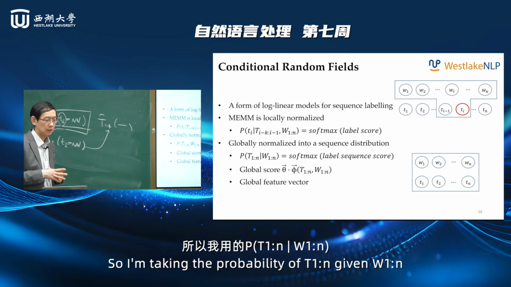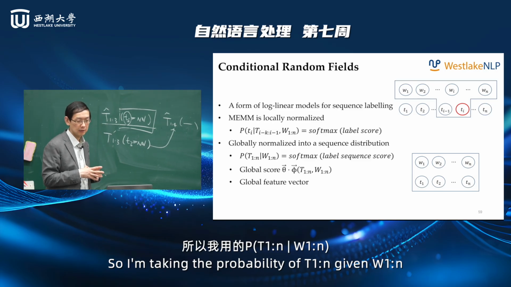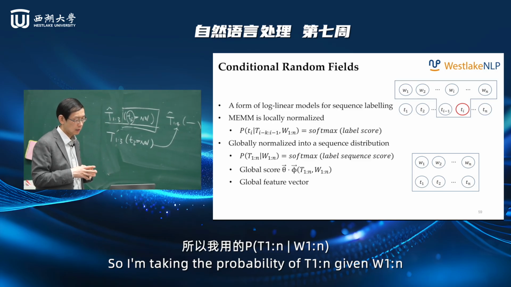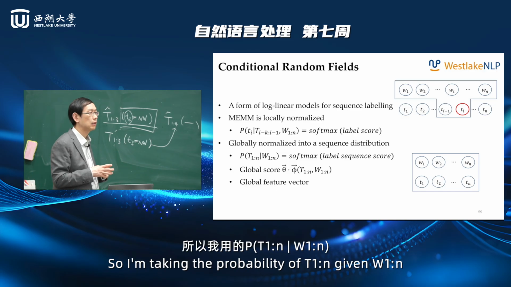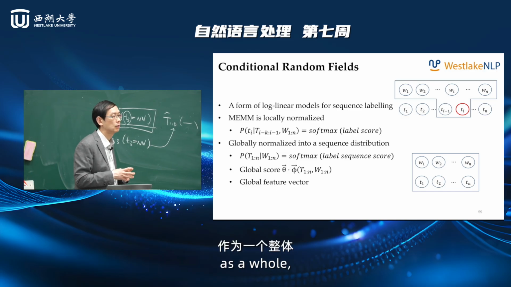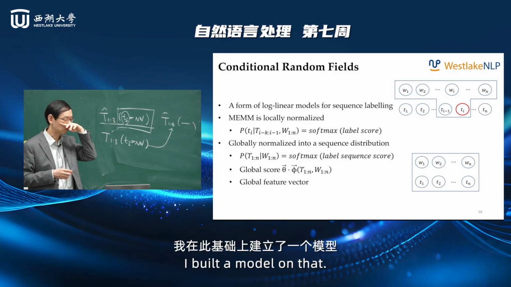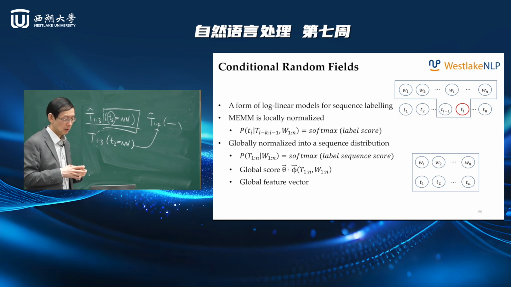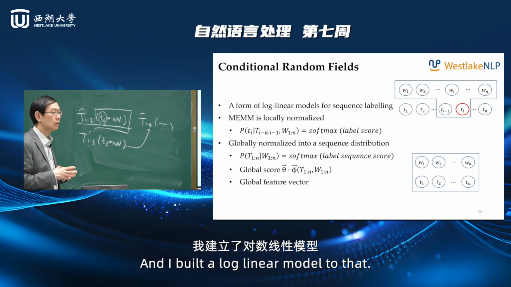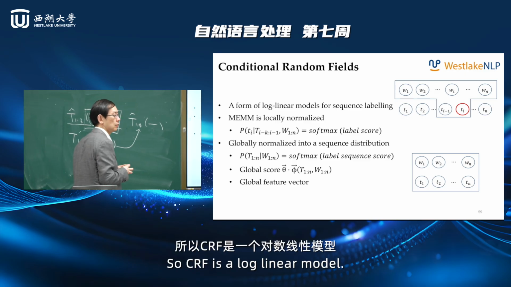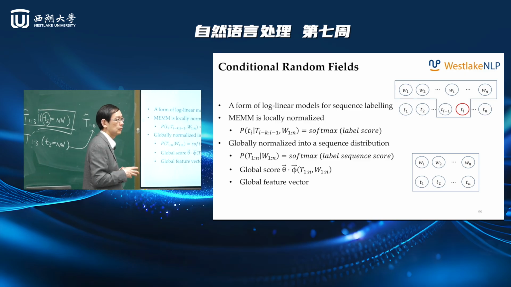So I'm taking the probability of T1 to n given W1 to n as a whole, right? I build a model on that, and I build a log linear model for it. So CRF is a log linear model.